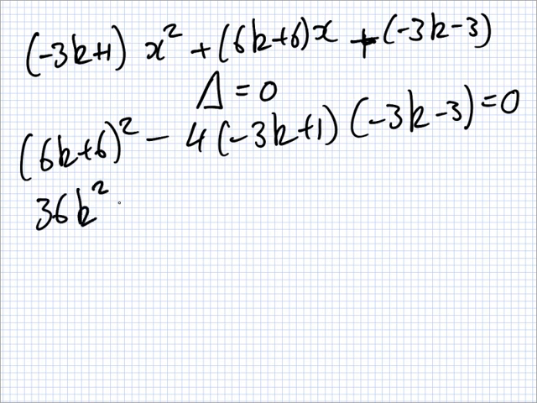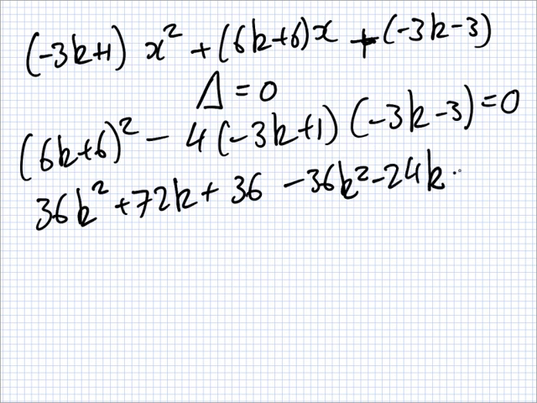36k squared plus 72k plus 36 minus 36k squared, 9k minus 3k, 6k minus 24k plus 12, is that right? Yes. Yeah. Not the most convincing yes. It is.